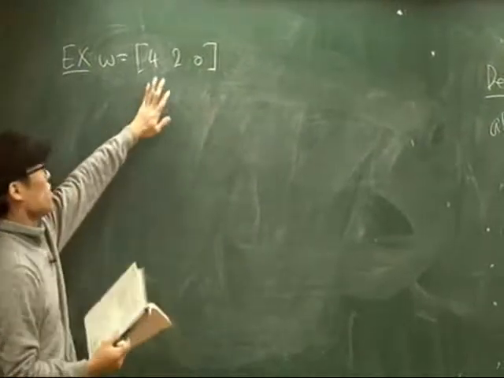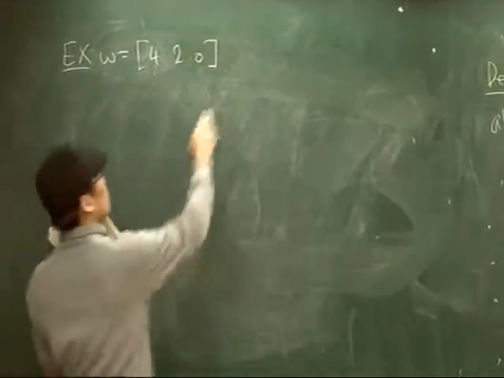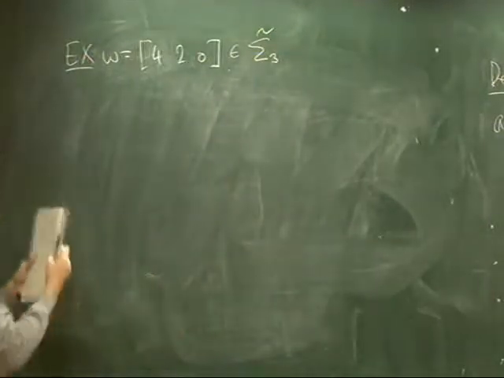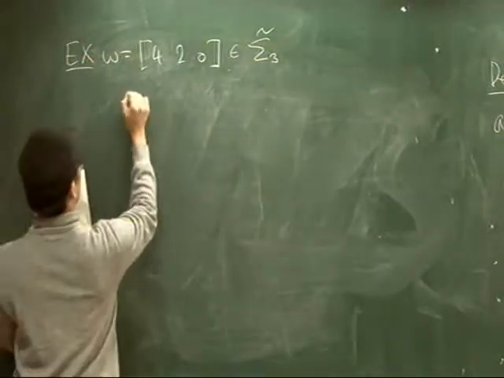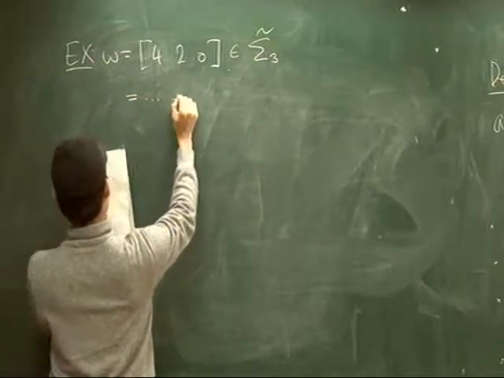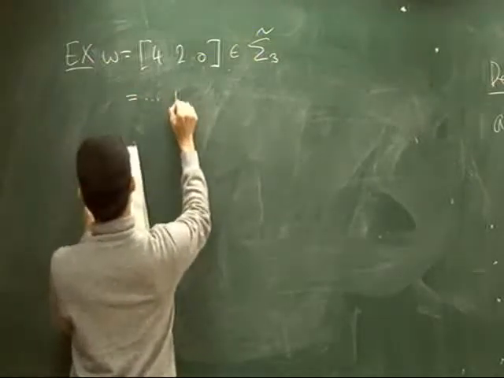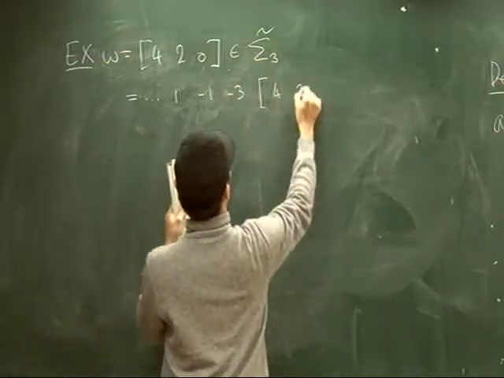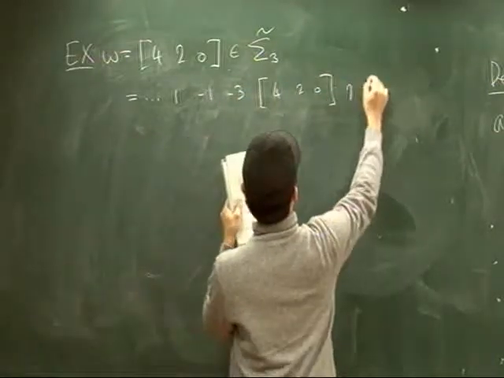Okay, this is a window notation of an affine permutation in sigma 3 tilde. This is actually 1, -1, -3, 4, 2, 0, 7, 5, 3.